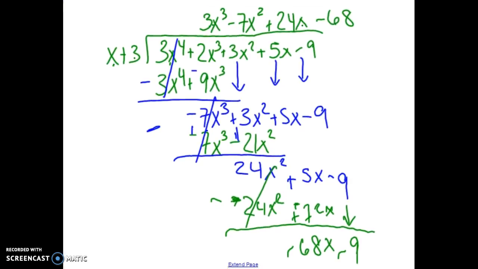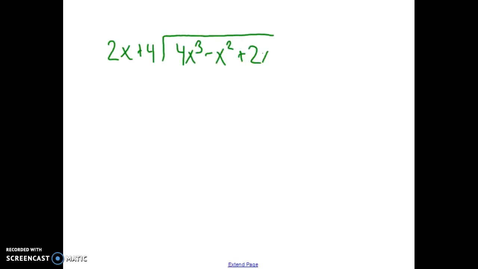I'm going to multiply this now. Sorry, it's kind of hard. So I'm going to do negative 68 times x gives me negative 68x. Negative 68 times 3 is negative 130 something. And then my remainder, I would write my number I get over x plus 3.